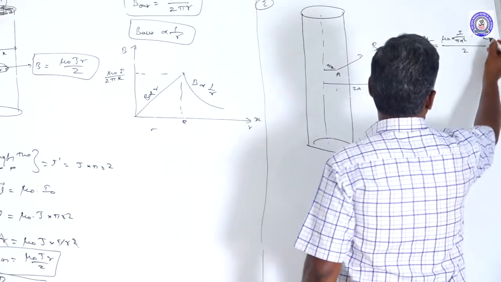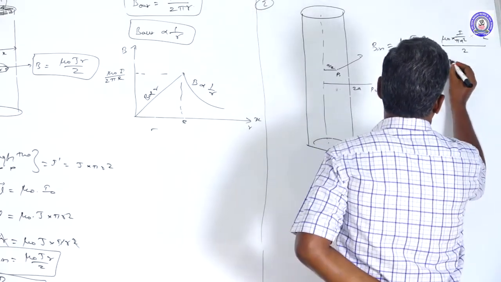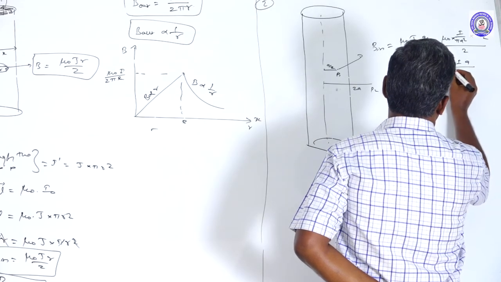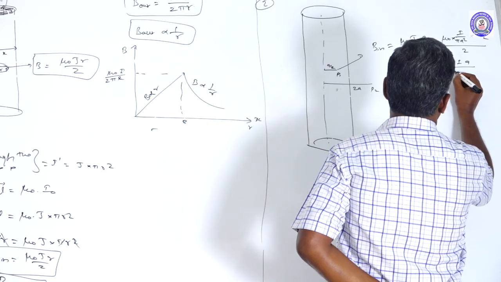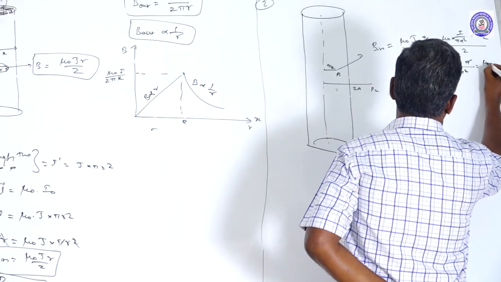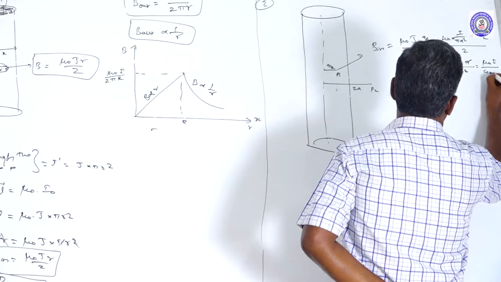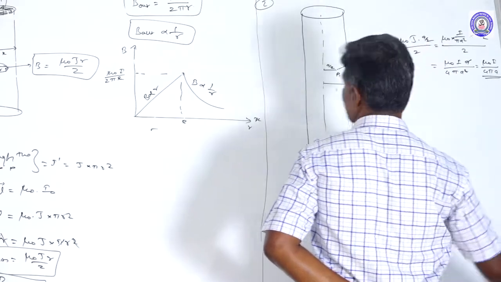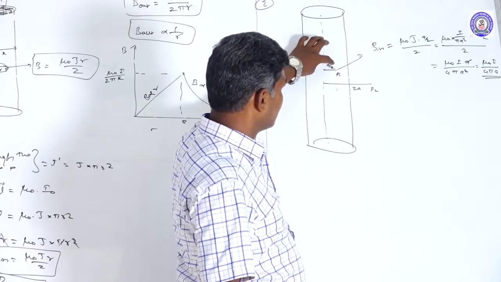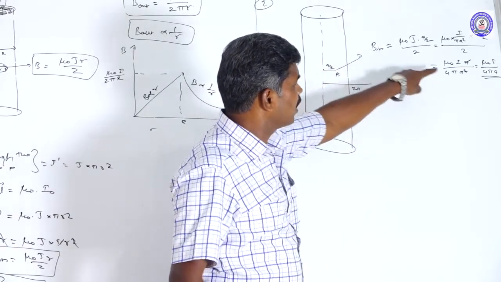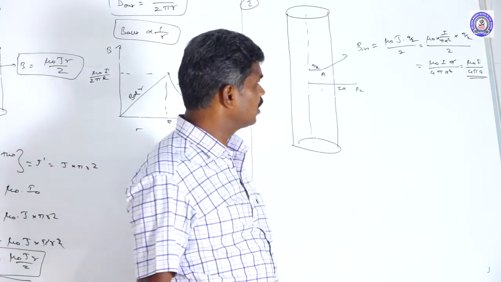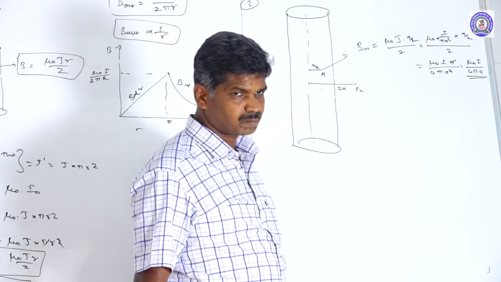Taking the 2 down, you get mu naught I R divided by 4 pi R square. If you cancel it, you get mu naught I by 4 pi R. This is the magnetic induction at R by 2 distance from the center inside the conductor. So B in is mu naught I by 4 pi R.